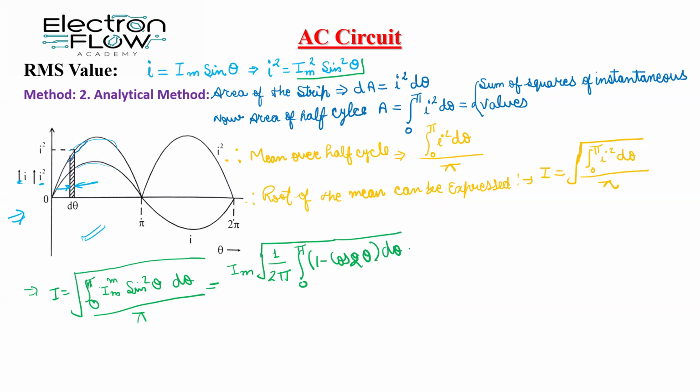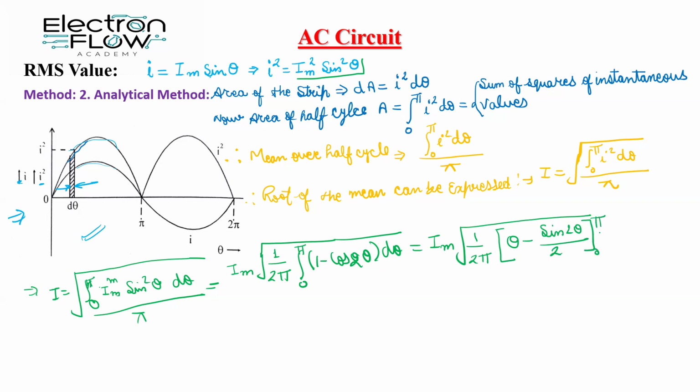So this is equal to Im times the square root of 1 upon 2 pi times theta minus sin 2 theta divided by 2, with the limits 0 to pi.